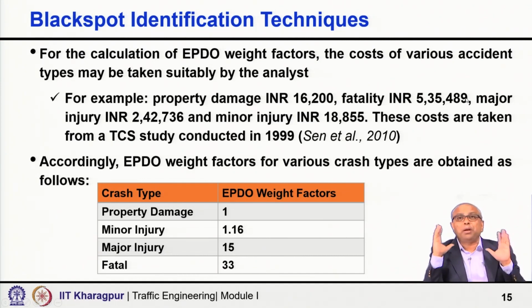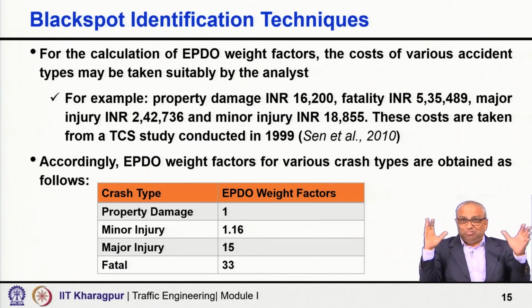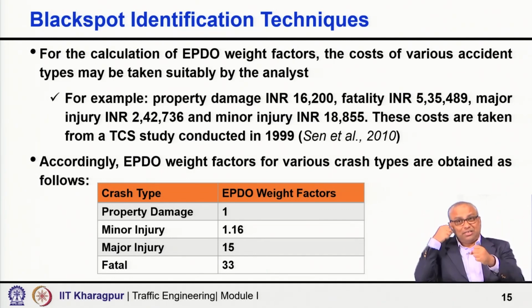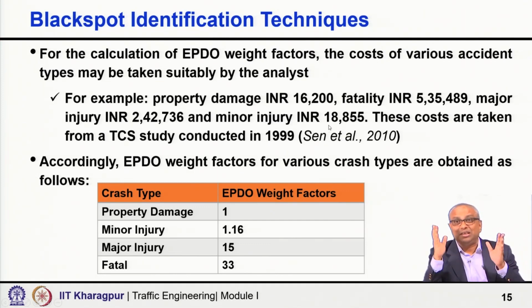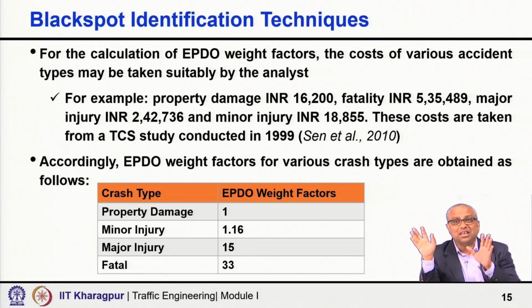So, it was for this purpose that when we are doing the analysis, we want to assign more weightage to fatal, then major, then minor injury, and then property damage is 1. Convert everything into equivalent property damage only. So, based on this cost estimate, it was carried out using separate dedicated studies.